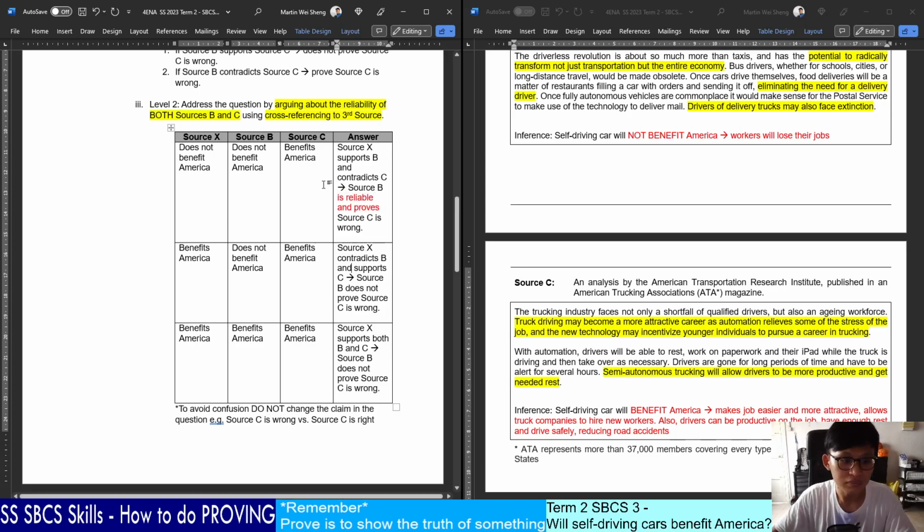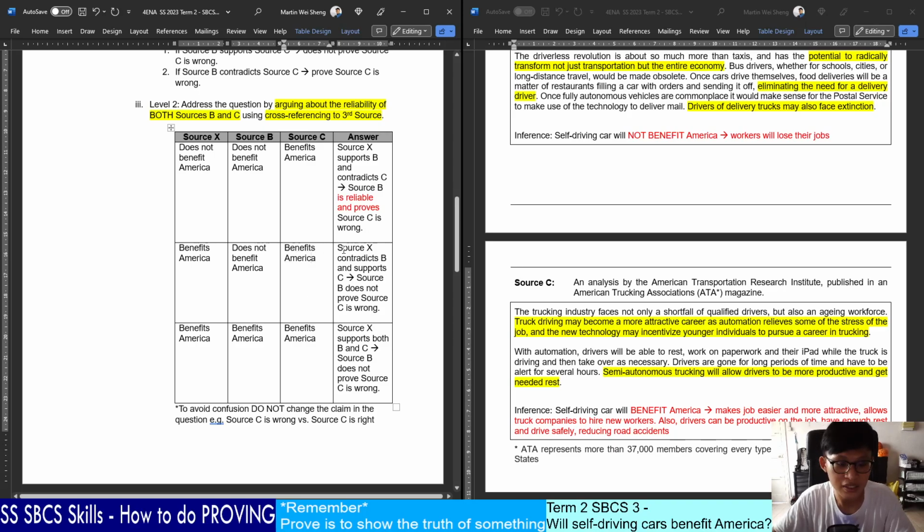Now, however, if when I cross-refer both sources to the third source, source X actually supports source C and contradicts B, you see X says benefit America, C also says benefits America.